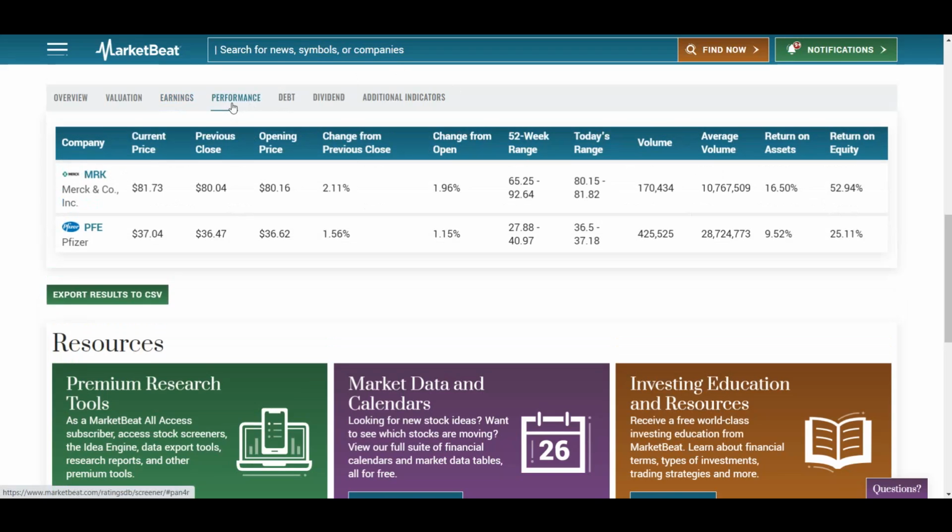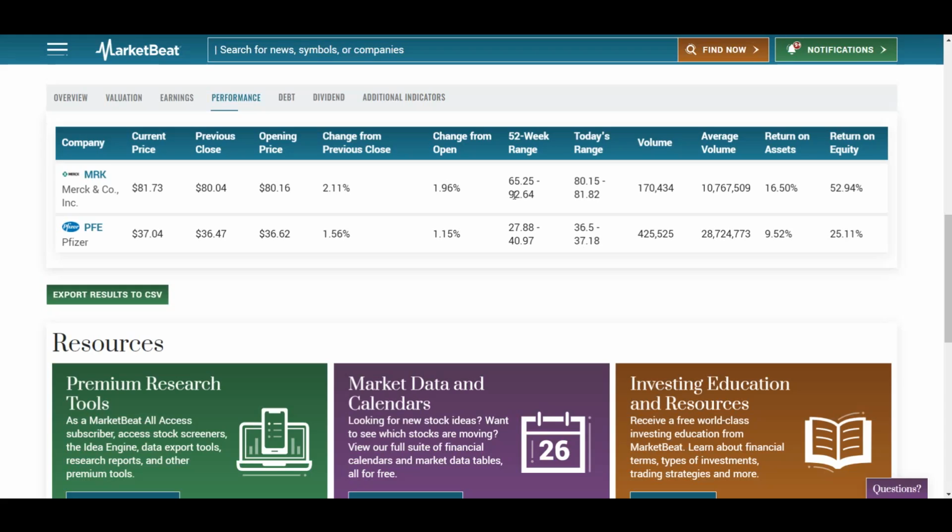In terms of performance, that's really looking at price performance. What I like to look at here is the current price versus the 52-week range. As you can see for MRK, 82 bucks. It's had a high of 93 and a low of 65. That suggests to me there's some upside potential.